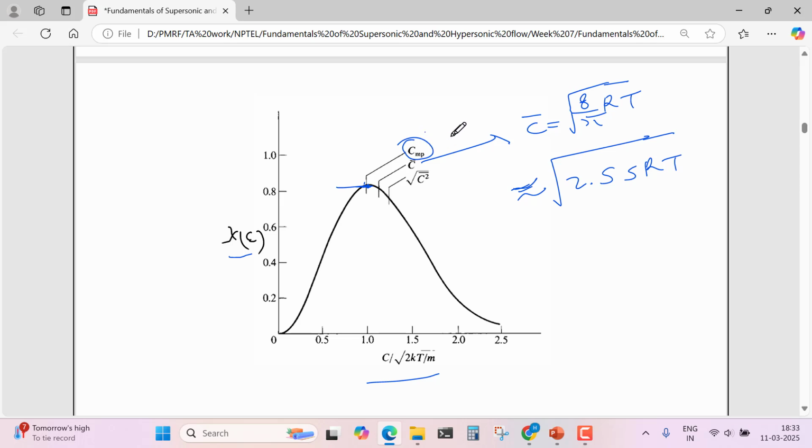The C most probable is under root 2 RT, and the root mean square velocity is under root 3 RT. So that's why this most probable velocity is the lowest. Mean velocity is greater than this and lower than root mean square velocity, and root mean square velocity is highest.